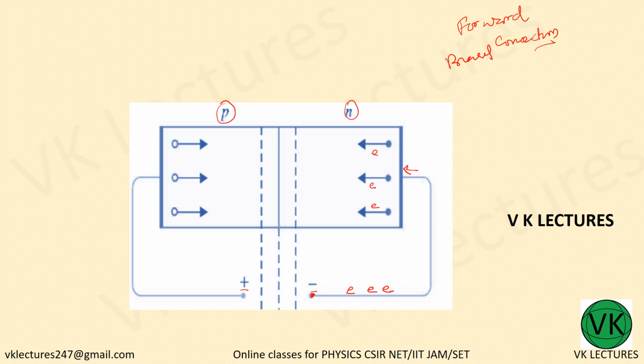Alright. Now even in this N region you have free electrons. So once these electrons get dumped into this N region, these electrons move forward to near the junction, and in this junction they recombine with the holes. That means in the N region the conductivity is due to electrons.